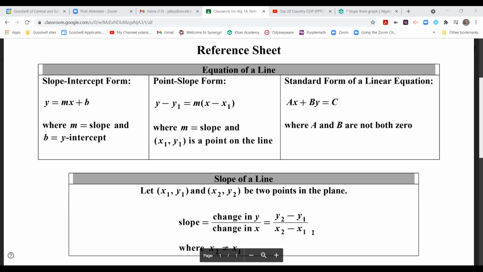They'll get them upside down. They'll put the change in x on top instead of the change in y. Well, when that happens and your calculations are correct, I know that that's what you did. So if I see that, I'll try to make a comment about it, upside down. What I mean is that you got the wrong parts of the ordered pair on the top and the wrong parts on the bottom.